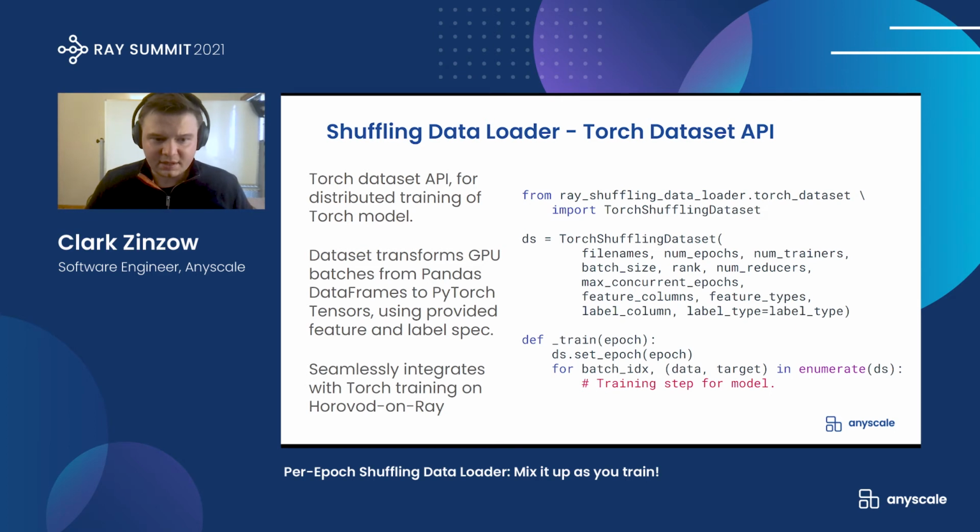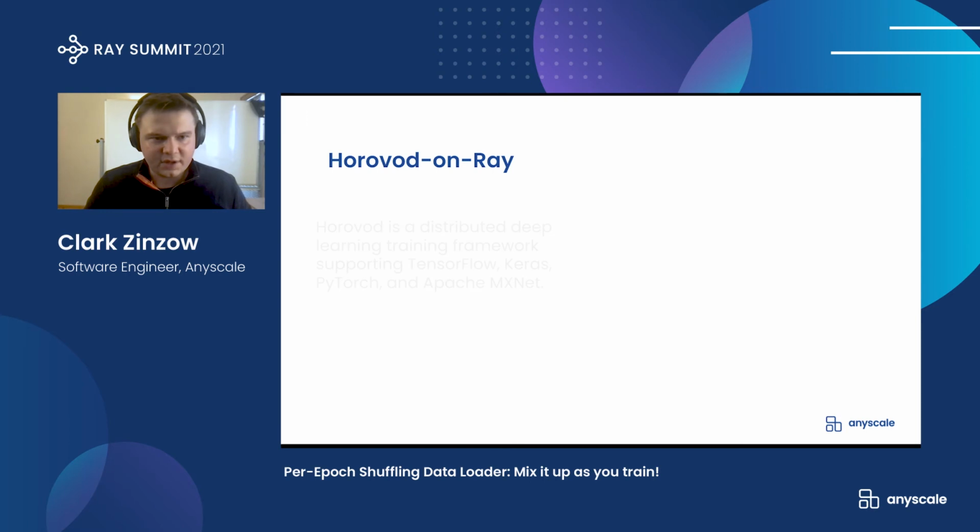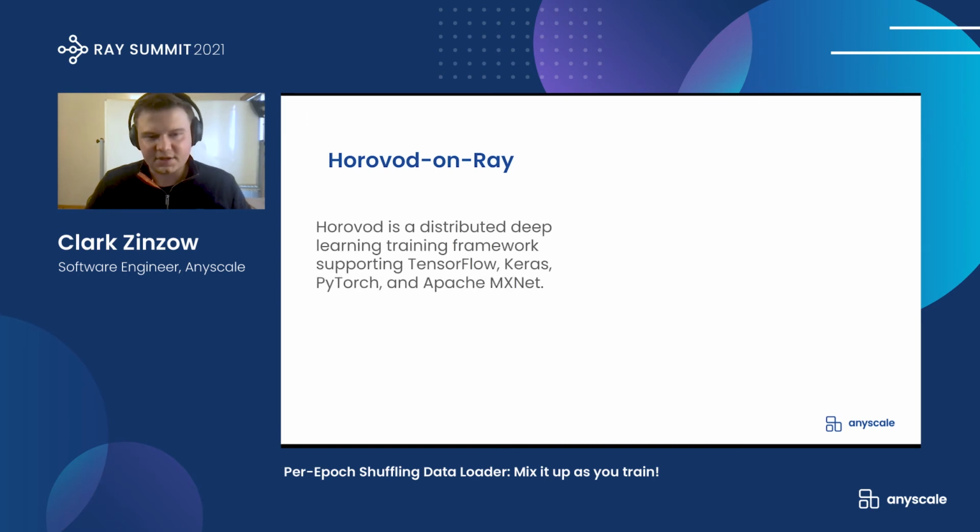And this will seamlessly integrate with Torch training on Horovod on Ray as well. So distributed training all on top of Ray using the Horovod integration. To briefly go over that, Horovod is a distributed deep learning training framework that supports all of your favorite machine learning frameworks, particularly TensorFlow and PyTorch, very popular.